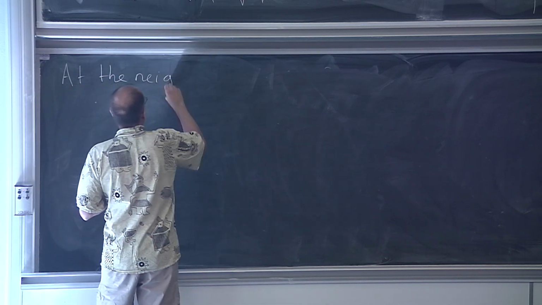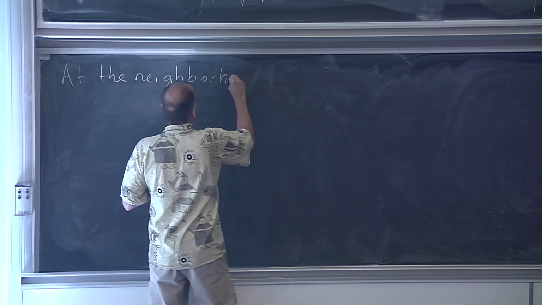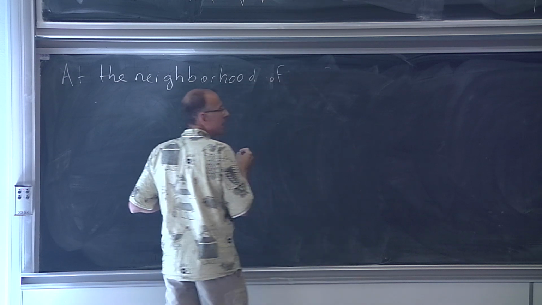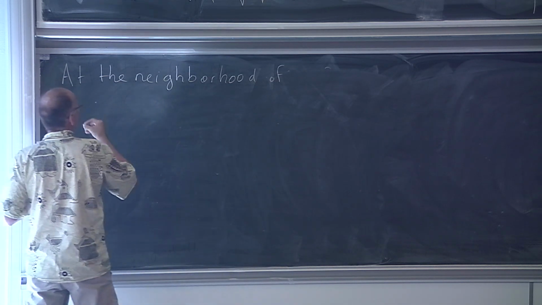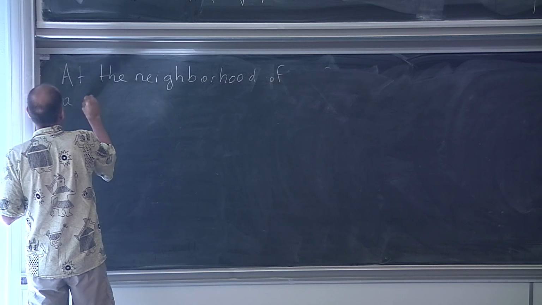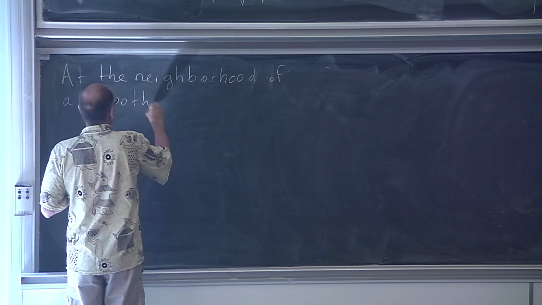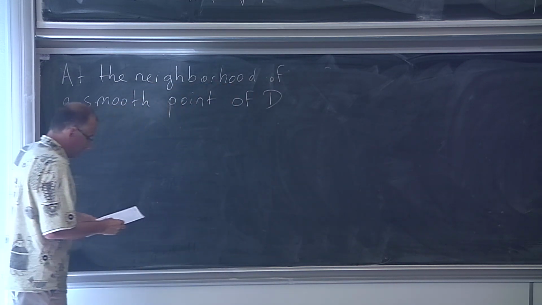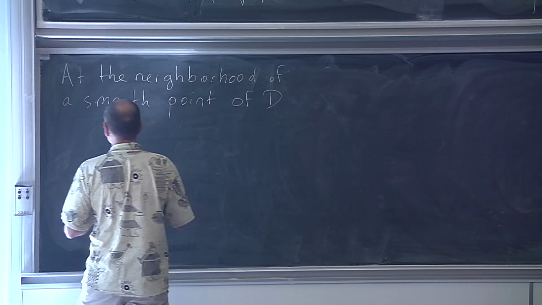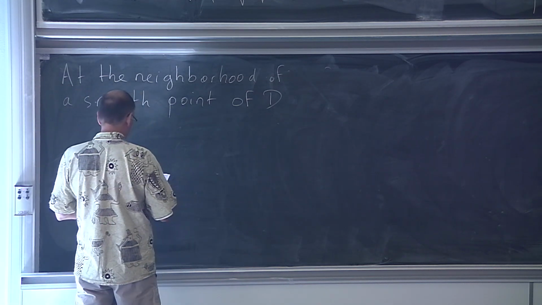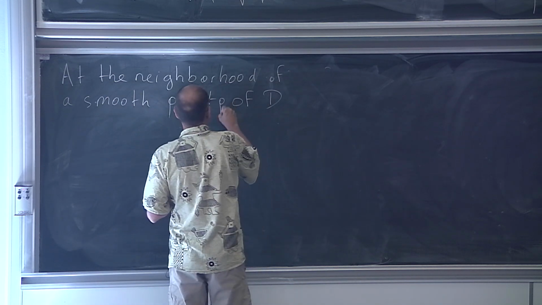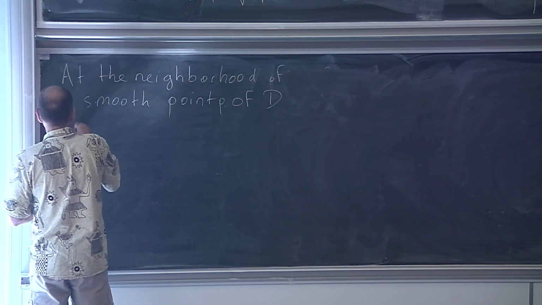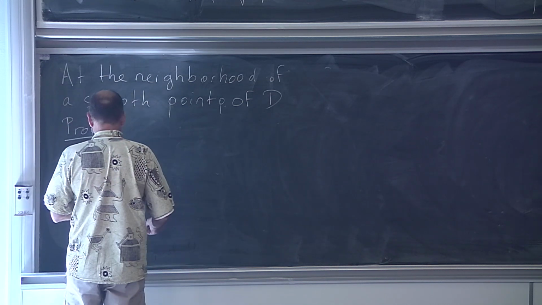At the neighborhood of a pole, and so I will restrict here to a smooth point of the divisor, a smooth point P of D. Then we have the following proposition.